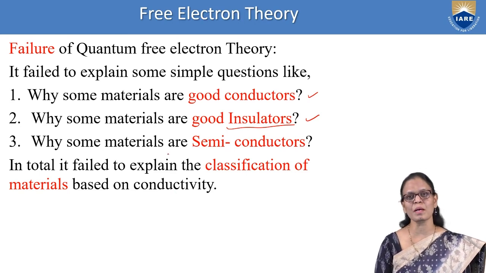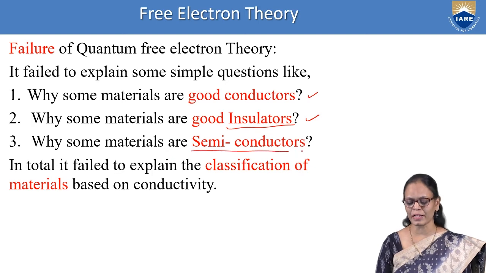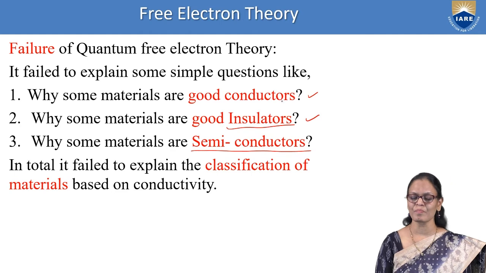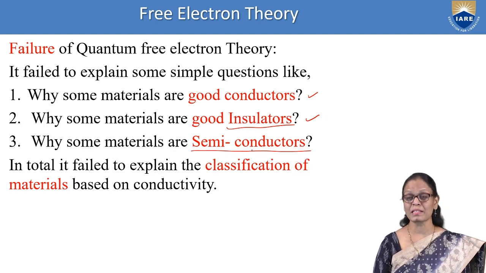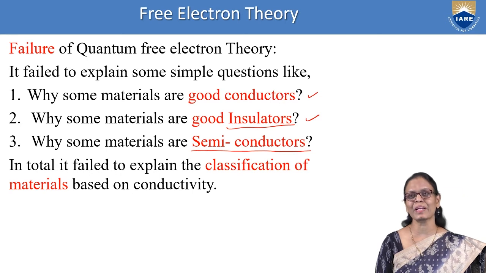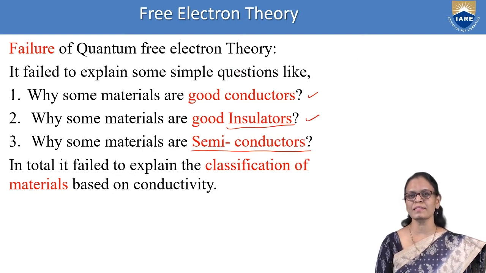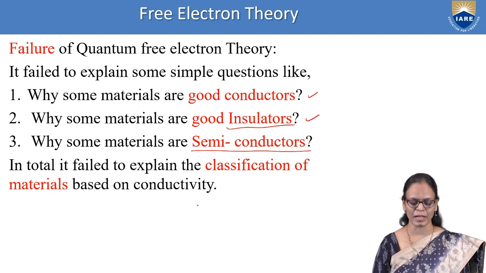Then there are also some materials which are semiconductors. Semiconductors here means those whose conductivity lies in between conductors and insulators. Conductors are highly conducting, insulators are not conducting, but semiconductors lie in between. So they could explain the other things but failed to explain why some materials are good conductors, some are insulators and some are semiconductors.